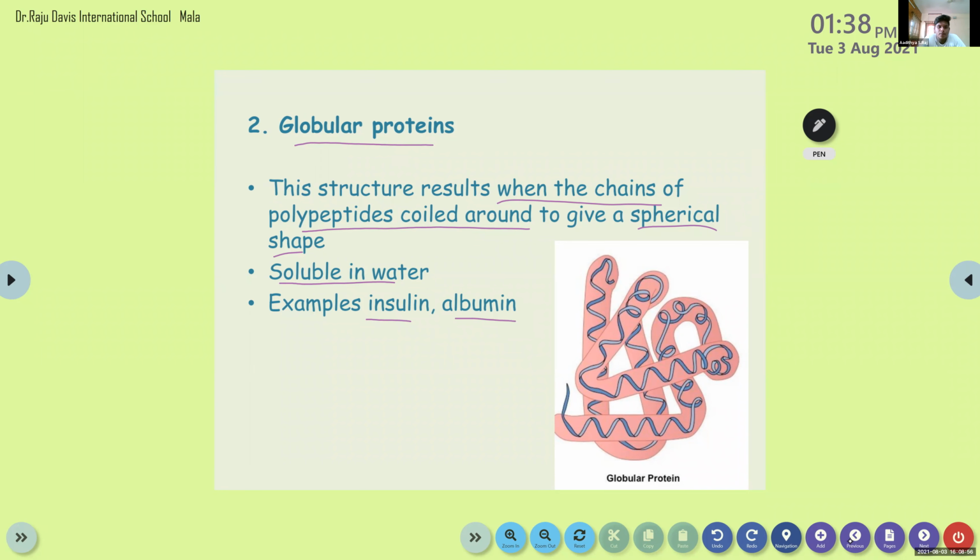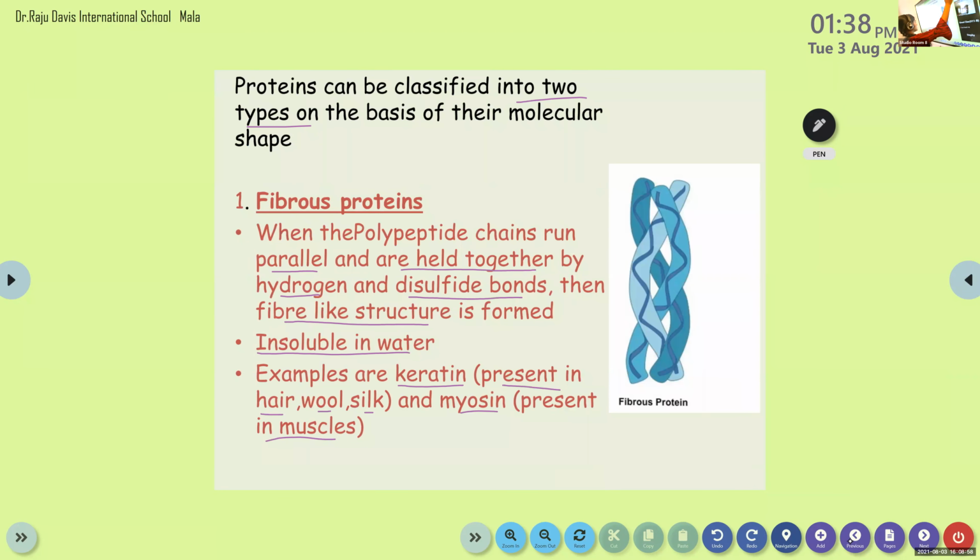Yeah. Gayatri, you can write this: keratin, present in hair, wool, silk, and myosin, present in muscles. These are the examples of fibrous proteins. Vidur, what about globular protein examples? Insulin and albumin. Yeah, insulin and albumin. Completed? Yes, ma'am. Thank you.